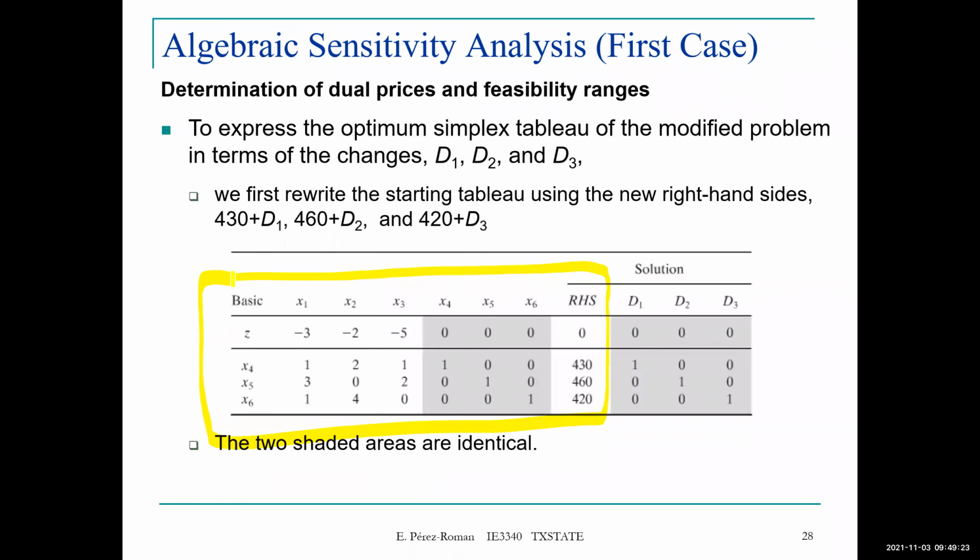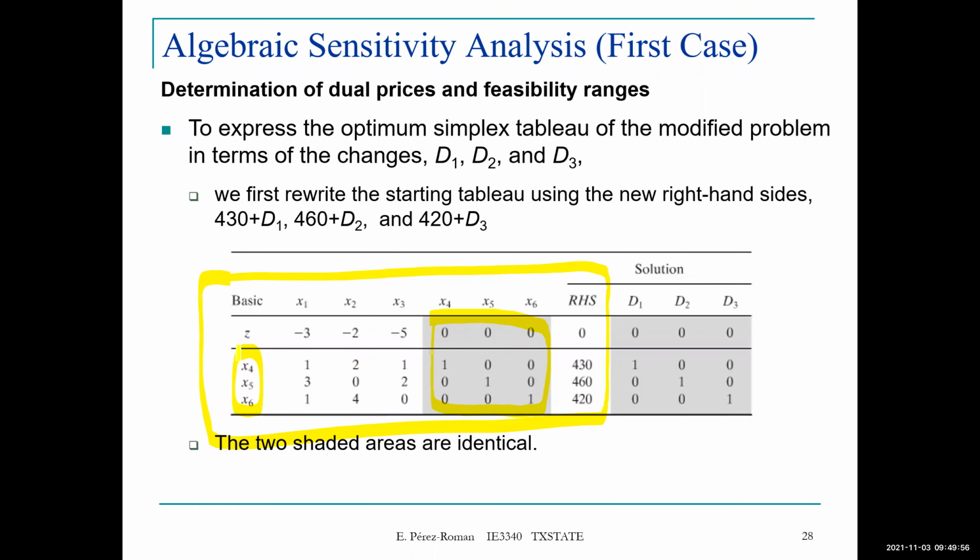We have the coefficients for the objective function in row 0, and then we have the coefficients for each one of the constraints in rows 1, 2, and 3. And you see that the initial solution for this problem is given in terms of the slacks. So these are the slacks, and that's why we have those as basic in the initial tableau.